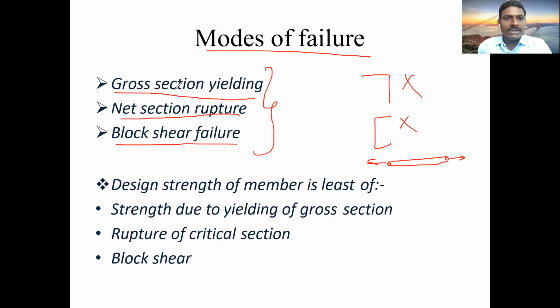Are you getting it? We will discuss in detail what gross sectional yielding, net section rupture and block shear failure are: how failure occurs due to yielding, due to rupture and due to block shear. So these words are very important.